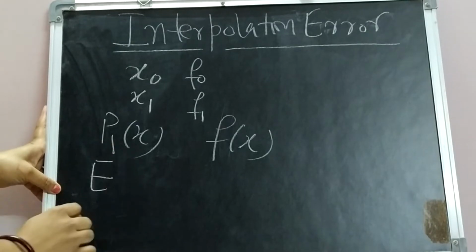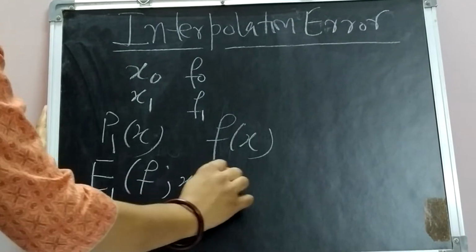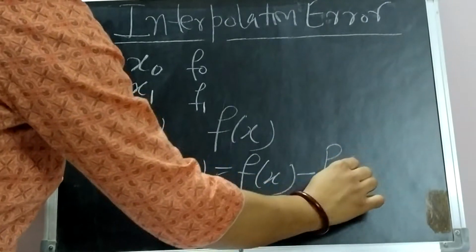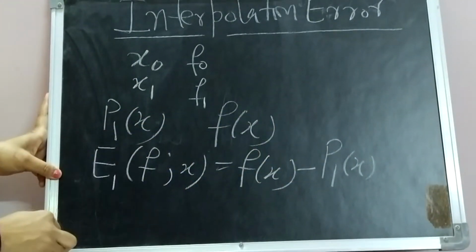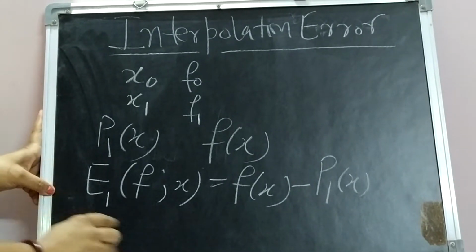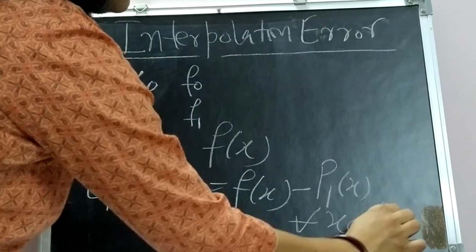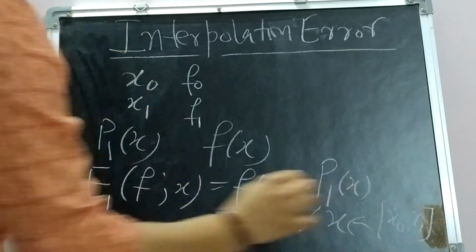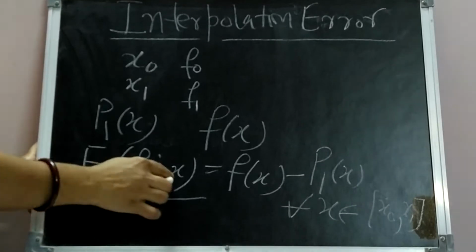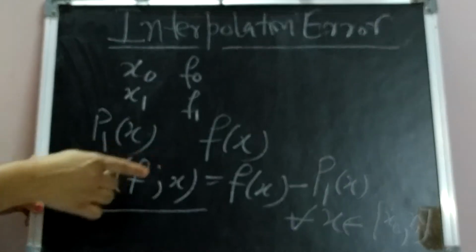We denote this by E1(f, x) = f(x) - p1(x), where f(x) is the original function and p1(x) is the interpolating polynomial established with the help of Lagrange's polynomial, and this is true for all x belonging to the closed interval [x0, x1]. Our aim is to find the expression for E1(f, x). This will give us the amount of error in the interpolation formula.